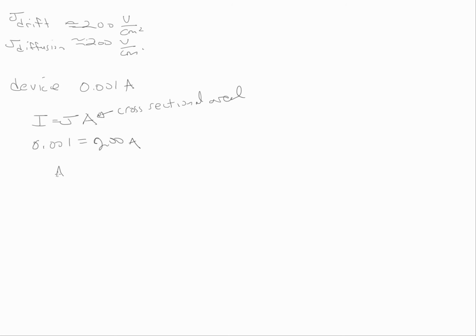And then we could calculate A, your cross-sectional area, is going to be 5 times 10 to the minus 6 cubic centimeters. So a very tiny thing.